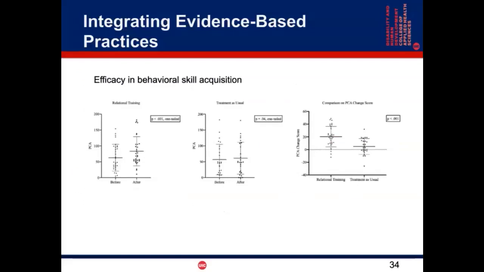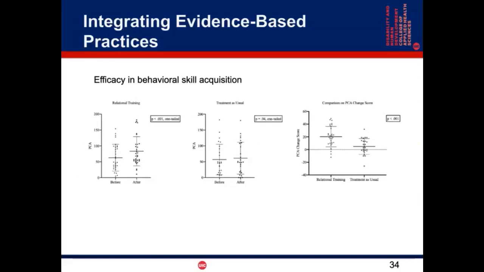And what we see here, and I know these images are a little bit small, is a difference between these 2 groups, a difference that's kind of important. This is just a depiction of skill acquisition, like did people learn new skills?